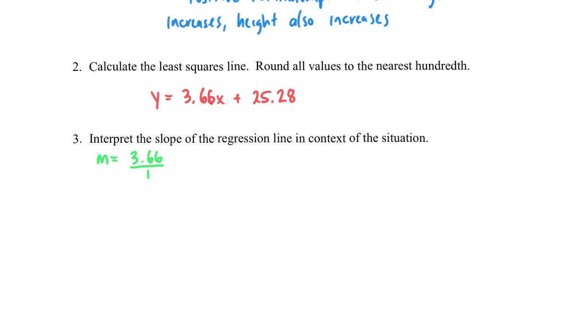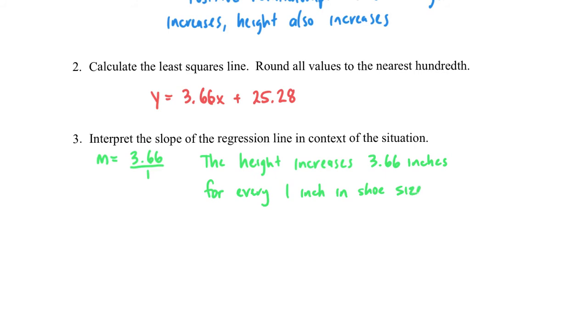That means that the height increases, because this is going up. It's a positive relationship, a positive slope, which means we're going up. It increases 3.66 inches for every 1 inch in shoe size. And that's all you have to say.